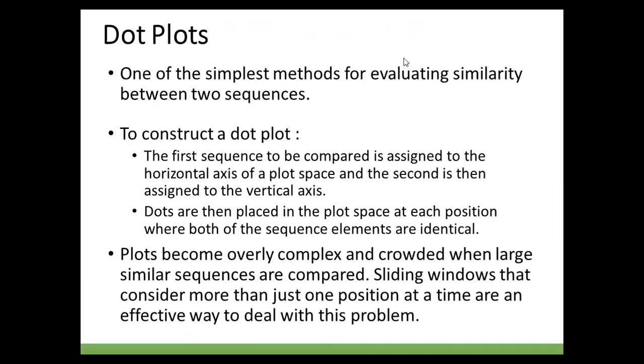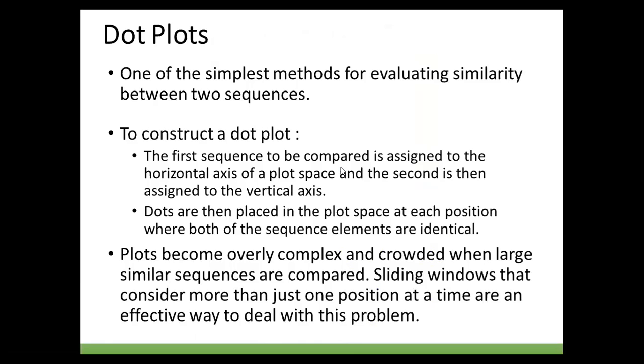What we do is, the first sequence to be compared is assigned to the horizontal axis, and the second is assigned to the vertical axis. So we put the two sequences, one on this axis and one on this axis. Dots are then placed in the plot space at each position where both of the sequence elements are identical.